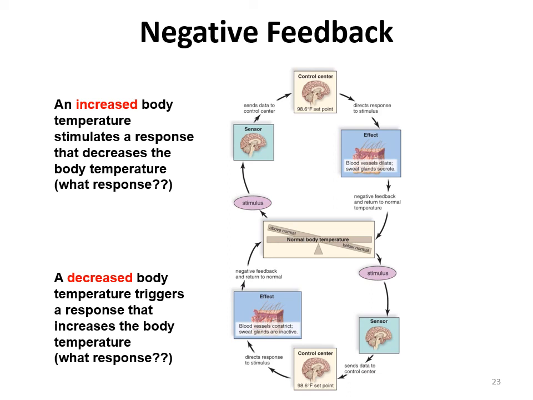Remember I said when the vessels get really tight and narrow and really increase the flow and blood pressure, pumping that through your body, and even something like shivering, trying to get that mechanical warmth. That's part of negative feedback, because any of those responses are trying to get the opposite of what triggered them.